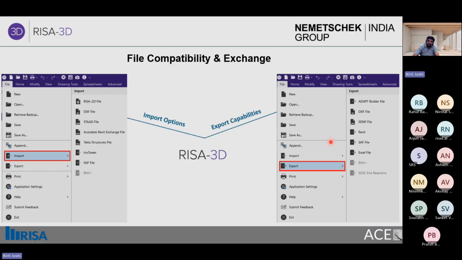On the right hand side, you can see it allows you to export the current RISA file as a DXF, into the ADAPT-Builder file, which is another product of Nemetschek for concrete design, and even into SAP, Revit or STNF files. You can also export the model data to Excel.